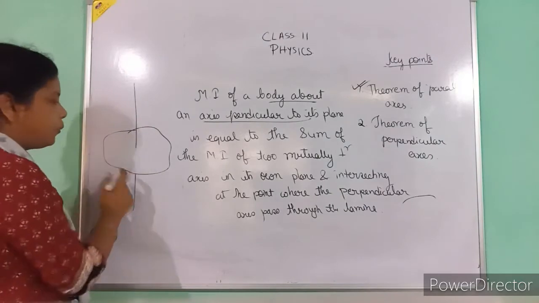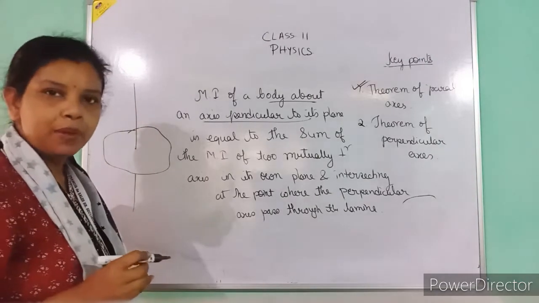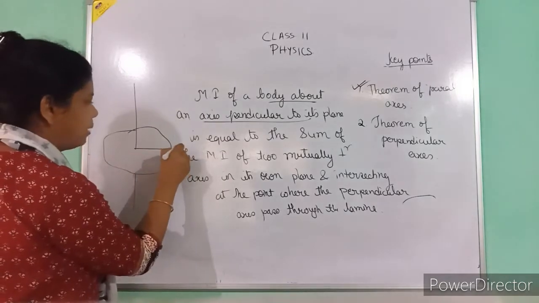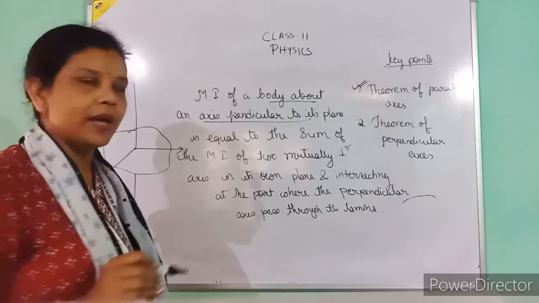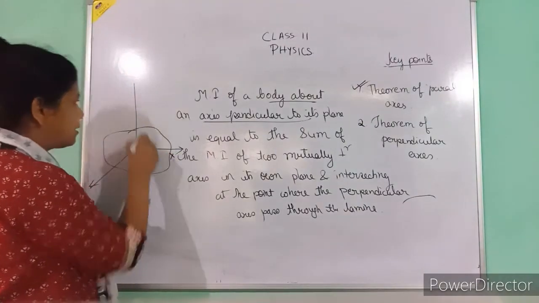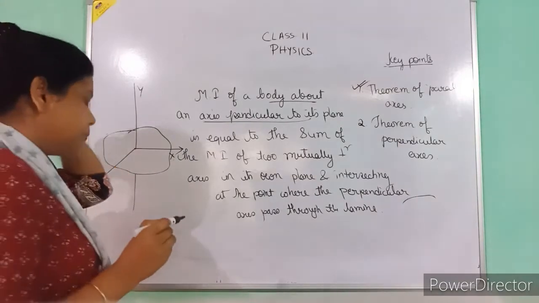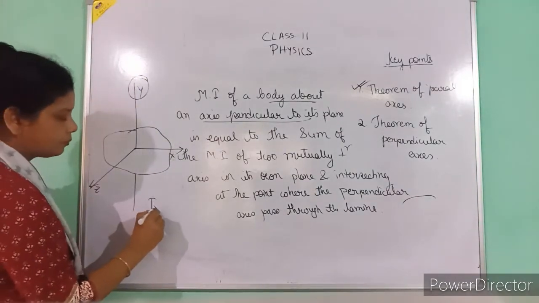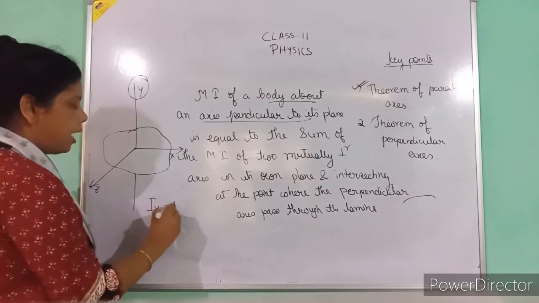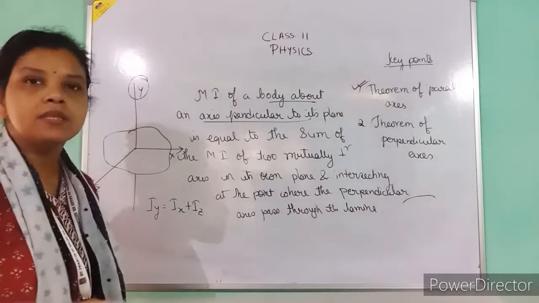Then at this particular point on that perpendicular axis, can we draw two mutually perpendicular axes? Yes, I can draw. One will be along this side, another will be coming up. Since we are talking about the x, y and z axis, this is my x, this is my y, this is my z axis. So according to the perpendicular axis theorem, Iy will be equal to Ix plus Iz. That is the meaning of the statement.